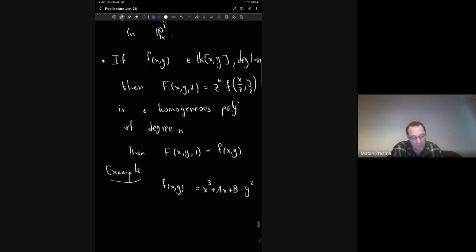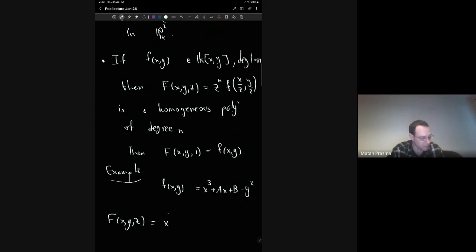This is a polynomial of degree 3 in two variables. To make the homogenization, I simply multiply by z to a certain power the terms that are missing powers.